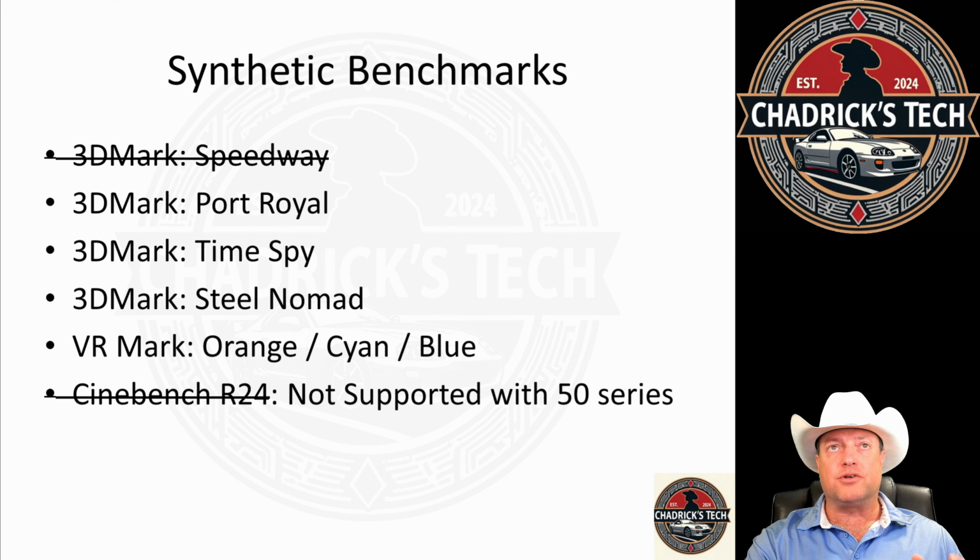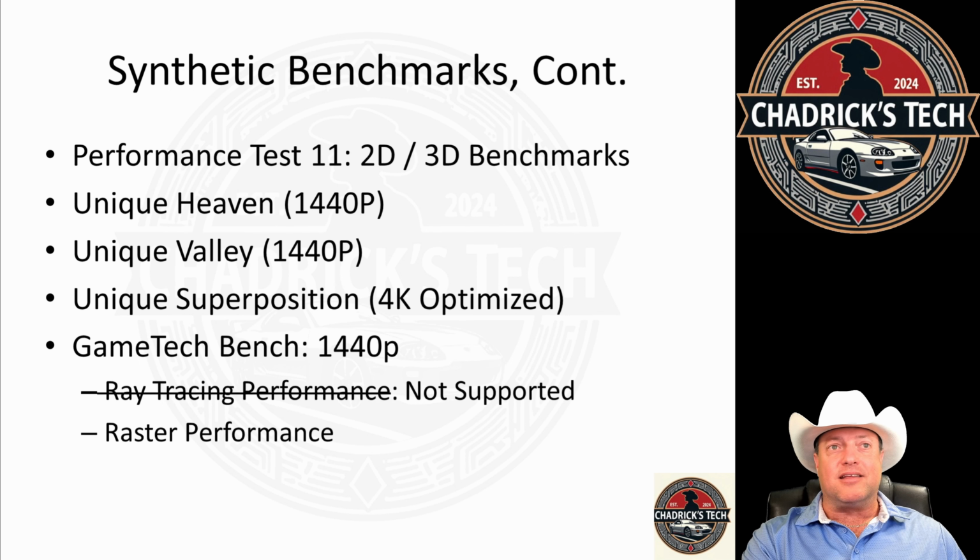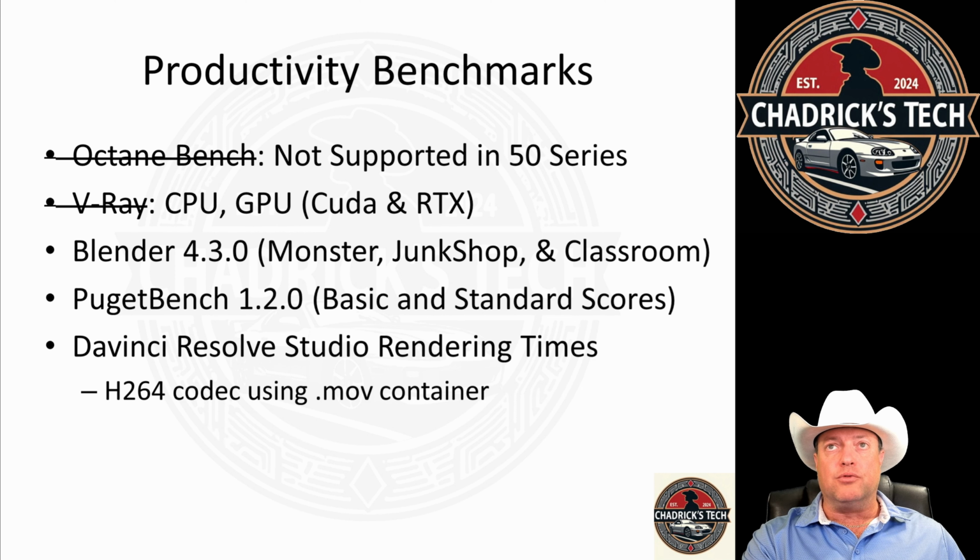For the synthetic benchmarks, I have a set that I like to run on my GPUs as I'm developing my database of information in terms of speed and performance. But some of them I had to throw out for this because the 1080 Ti doesn't support it, or the 50 series card doesn't support it. So you know you're getting the same tests run on all cards within the same system, and we'll be able to look at this data and make it relatable.